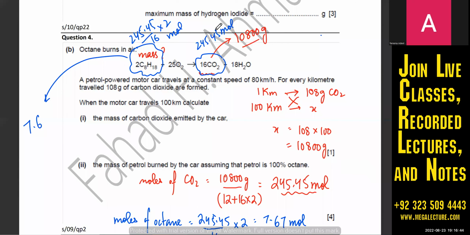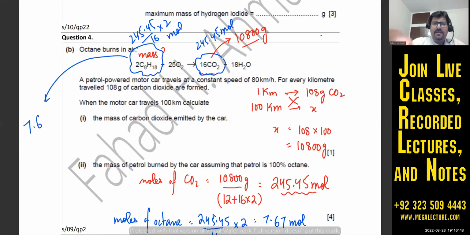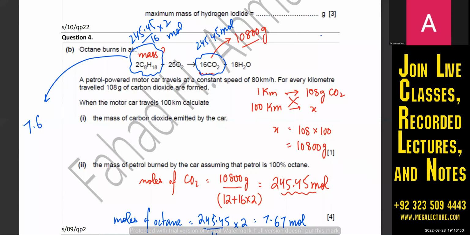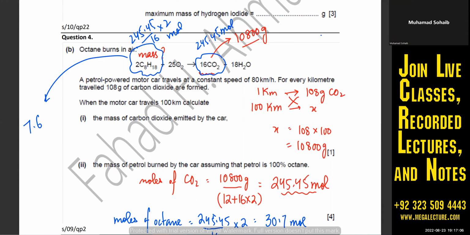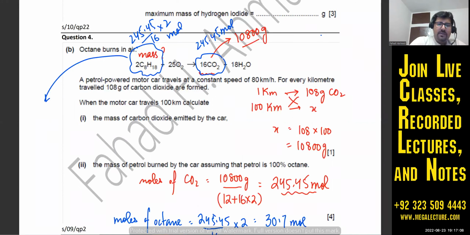Can somebody else check? I think I got it wrong or something. No, it is 30.7. Yes, it's 30.7. So this octane moles is 30.7. I'm explaining this.